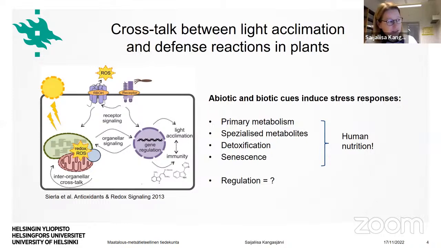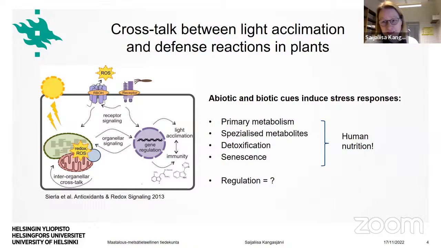Now, in addition to these signals that are sent towards the nucleus, there's also quite an intimate crosstalk between these plasma membrane resident components and the organelles. In plant cells, in addition to mitochondria, we also have chloroplasts, which are the photosynthetic green organelles. They are quite typically in membrane contact with each other, so there's a really intimate metabolic exchange between these organelles.